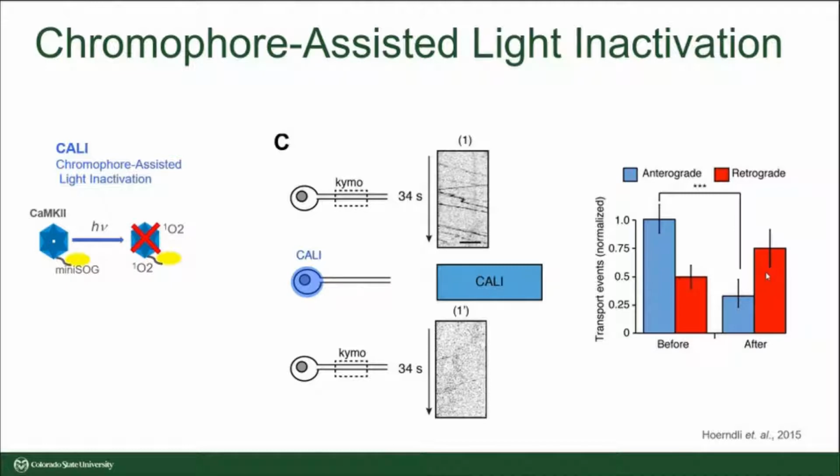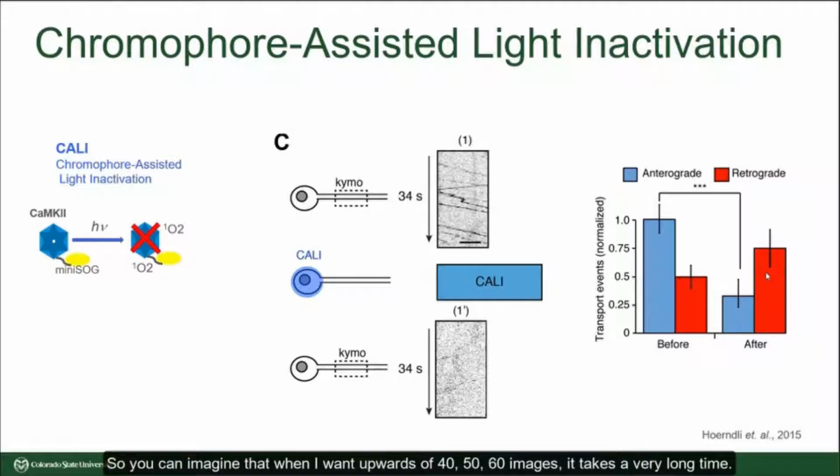And so it is very powerful stuff, but one of the problems with C. elegans and using these really cool tools is it takes a lot of time. It takes me about 10 minutes to image one worm, and this is either doing transport or looking at just synapses. So you can imagine that when I want upwards of 40, 50, 60 images, it would take a very long time.